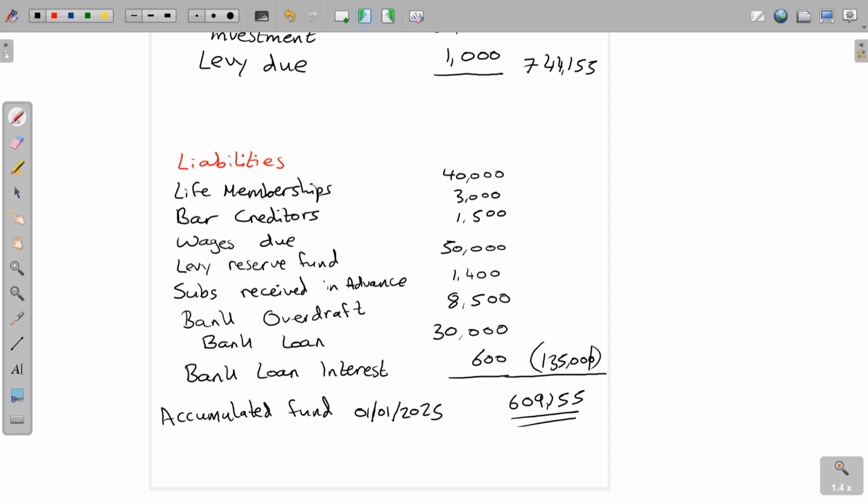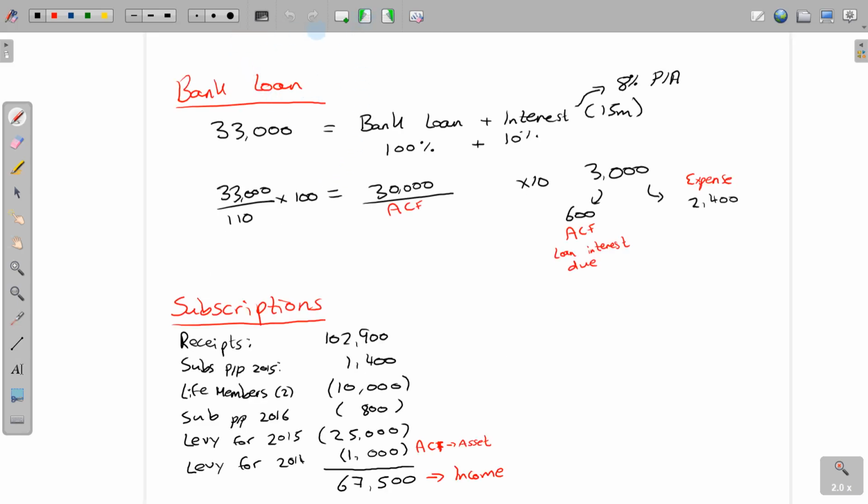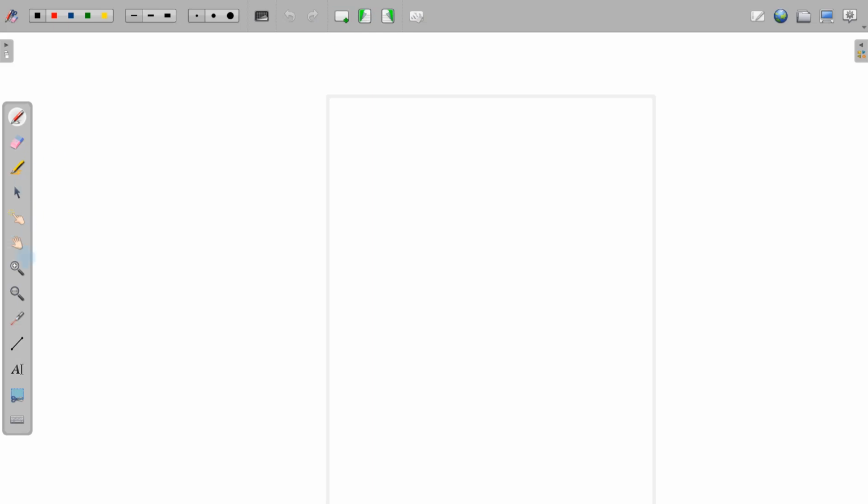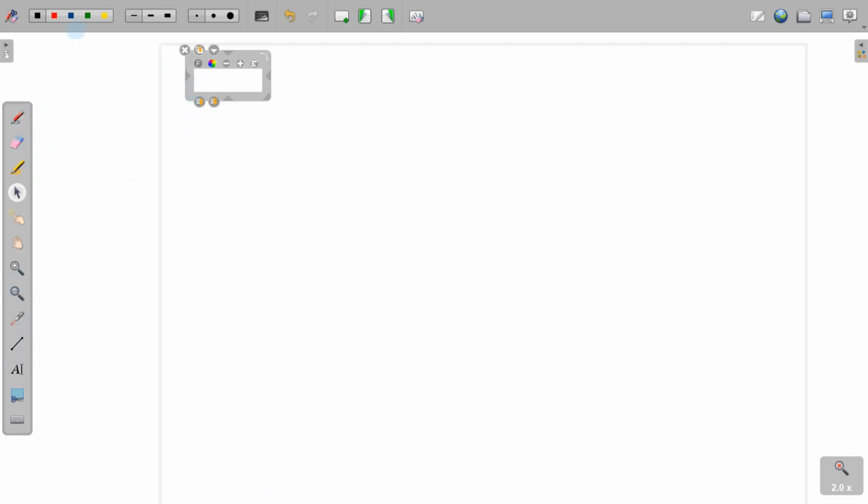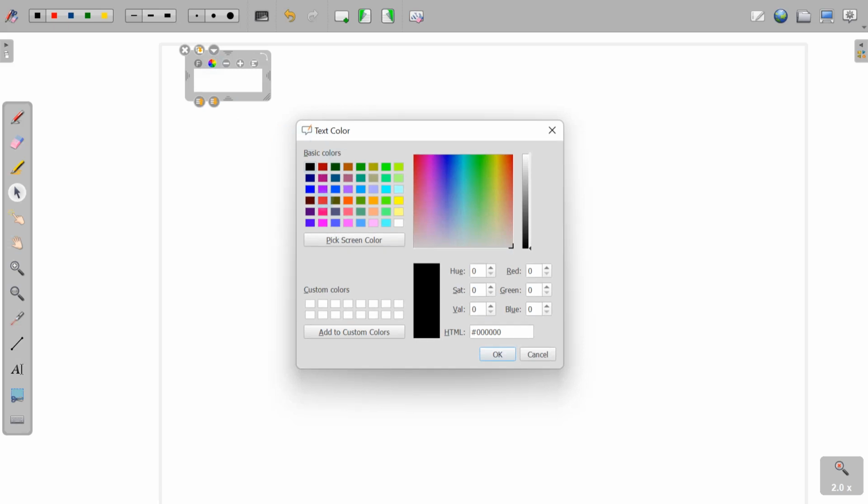So now what we might do is do a few more workings or work on anything else you might need to work on before we do our income and expenditure. So we have more workings just to make it look a bit nicer.